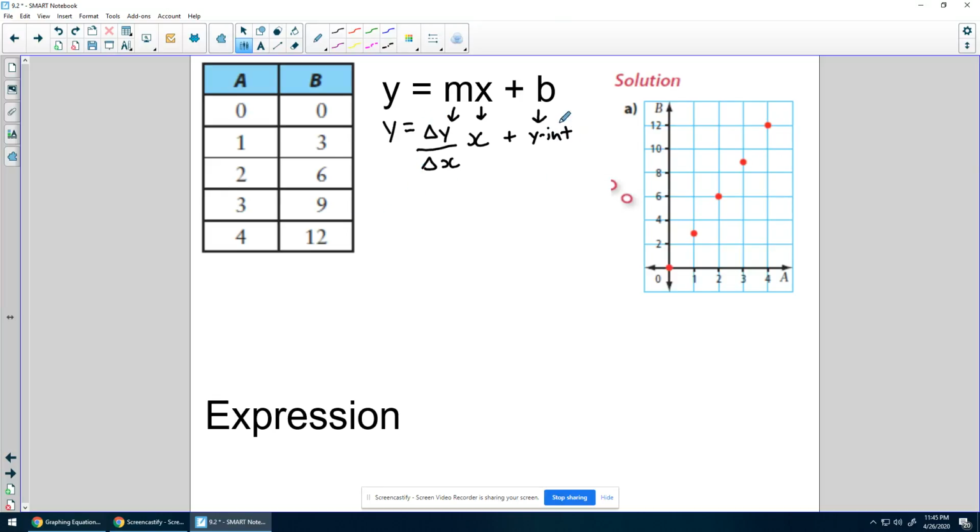Okay, you don't have to write this step down when you're showing your work. I'm just writing it down so that we can reference it as we go.